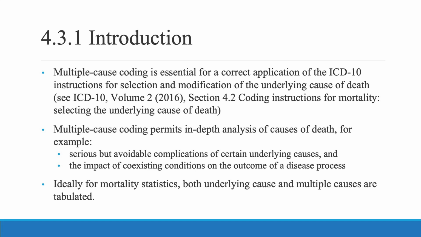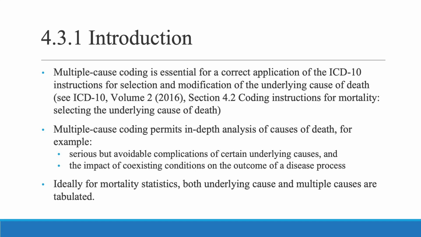Reading from the slide, multiple cause coding is essential for a correct application of the ICD-10 instructions for selection and modification of the underlying cause of death. See ICD-10 Volume 2, 2016, Section 4.2, Coding Instructions for Mortality, Selecting the Underlying Cause of Death.